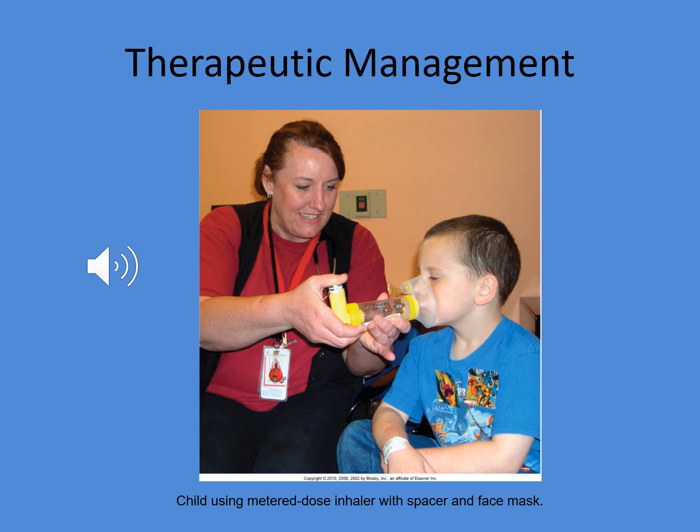So that's usually your quick relief medication for asthma. Children who have more persistent or severe symptoms, they typically are going to need an inhaled corticosteroid daily to prevent exacerbations. So you might want to go review that box about fluconazole.